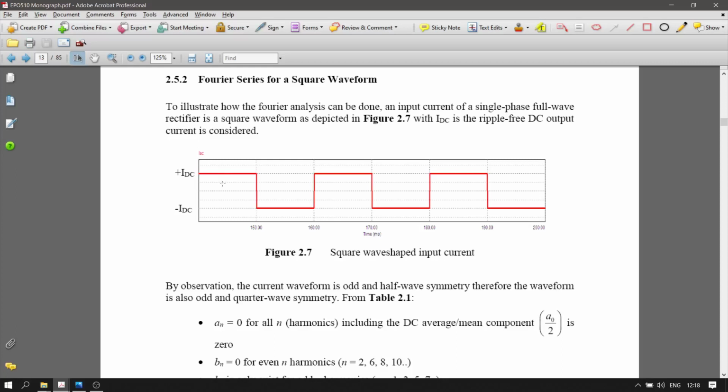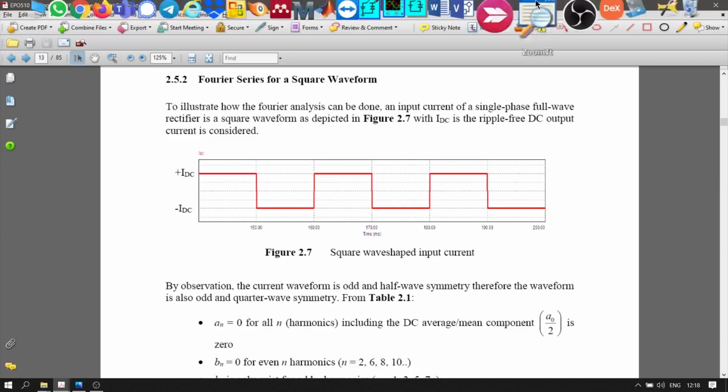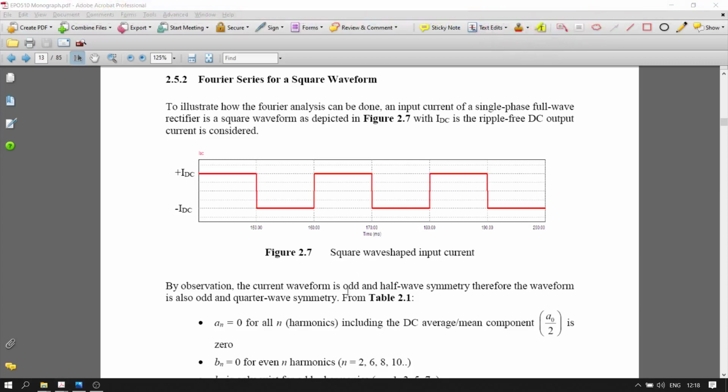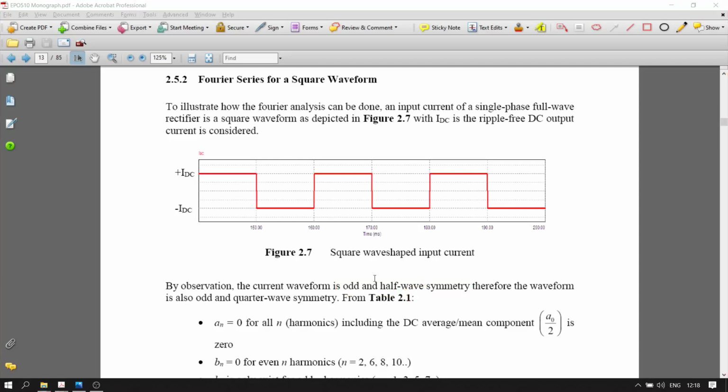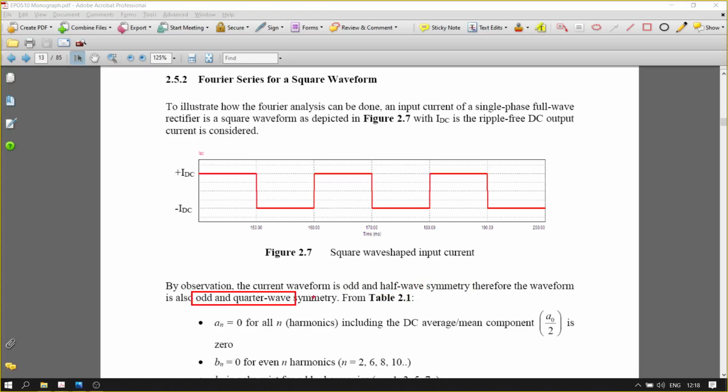So we know that the square waveform is always odd and half wave symmetry, and because of that odd and half wave symmetry, the waveform is also automatically odd and quarter wave.